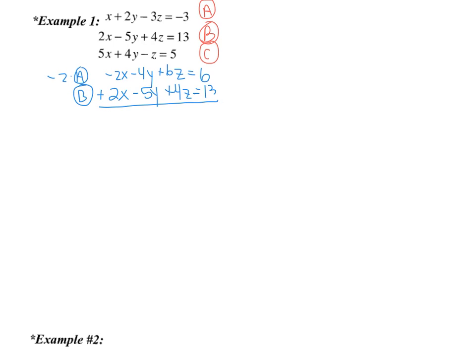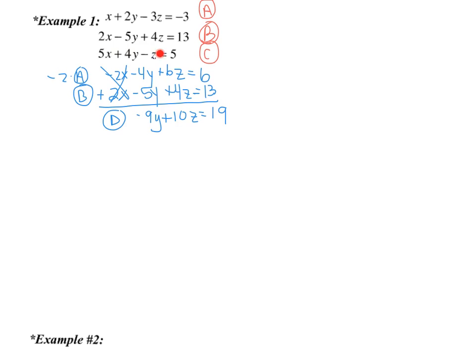And we're going to add straight down, because negative 2x plus 2x is 0, and they're eliminated by design. Negative 4y and negative 5y gives us negative 9y. 6z plus 4z gives us 10z. And then 6 plus 13 gives us 19. So I'm going to call that equation D.